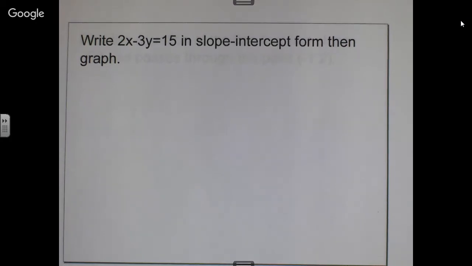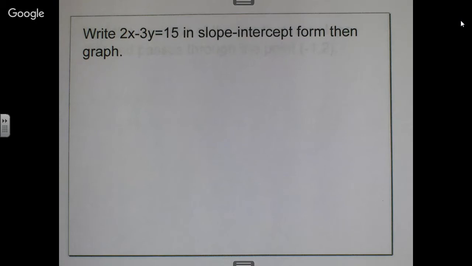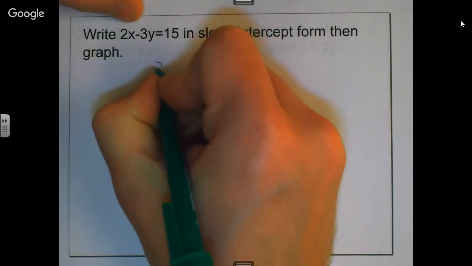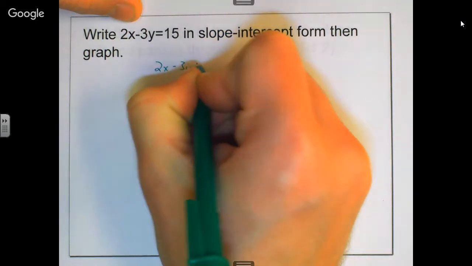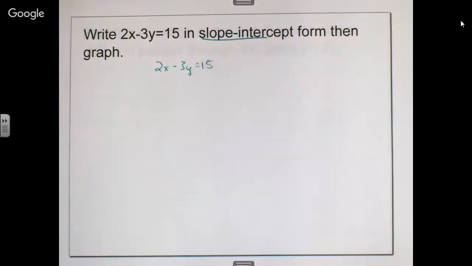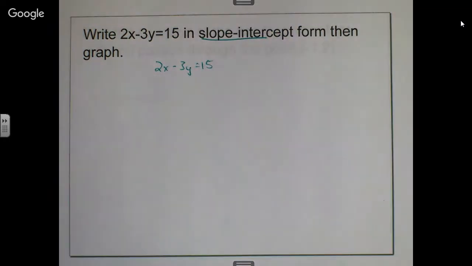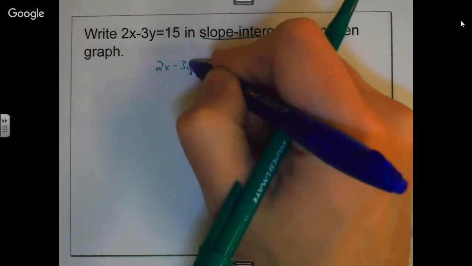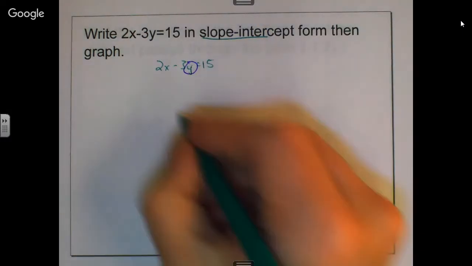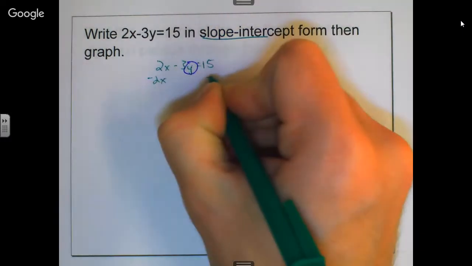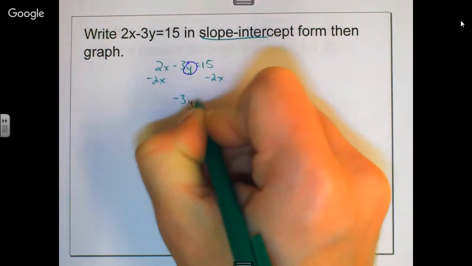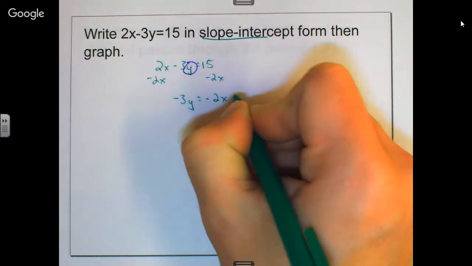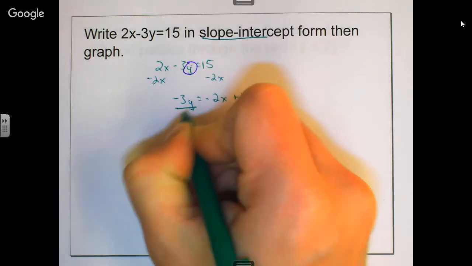Write 2x minus 3y equals 15 in slope-intercept form, then graph. Slope-intercept form is y equals mx plus b. So my goal here is to isolate this y value. So we're going to subtract 2x. -3y equals -2x plus 15. Divided by -3.